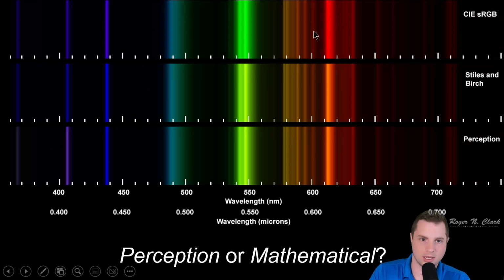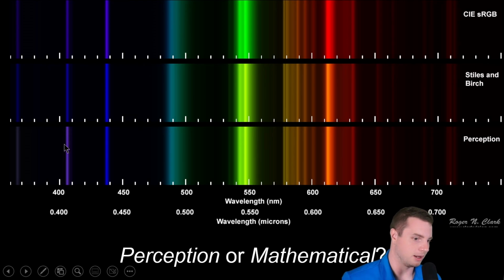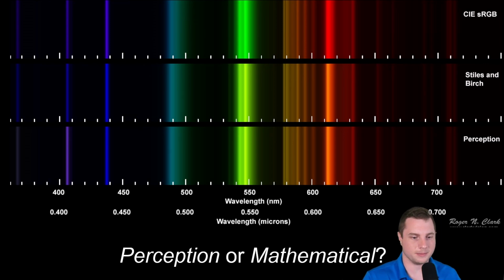When you come up to sRGB, this red has a much smoother gradient. This green has a much smoother gradient. This violet here has almost none, and perception is the exact opposite. It's almost double the size. So we got some weird things going on in terms of what people are perceiving.